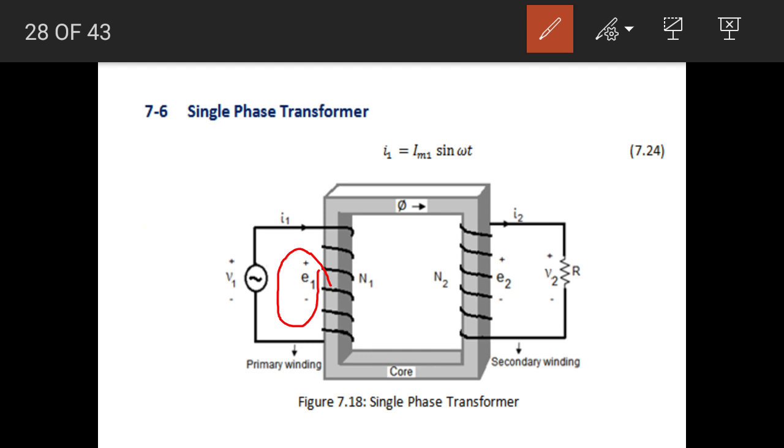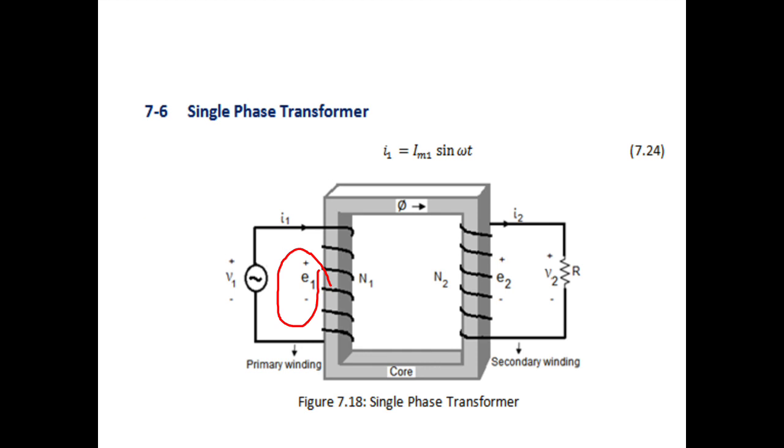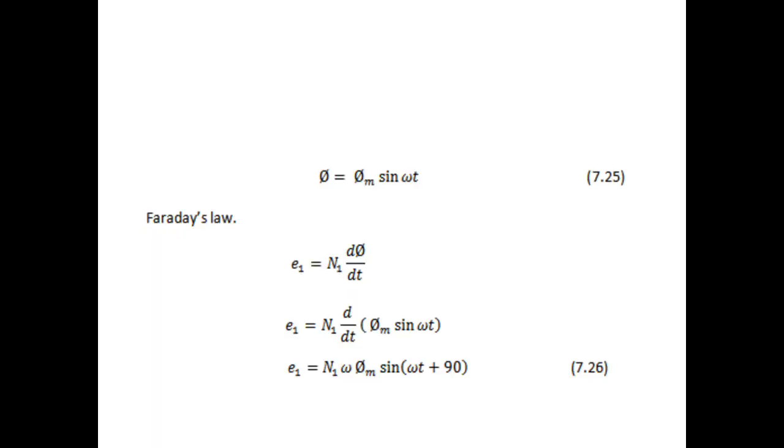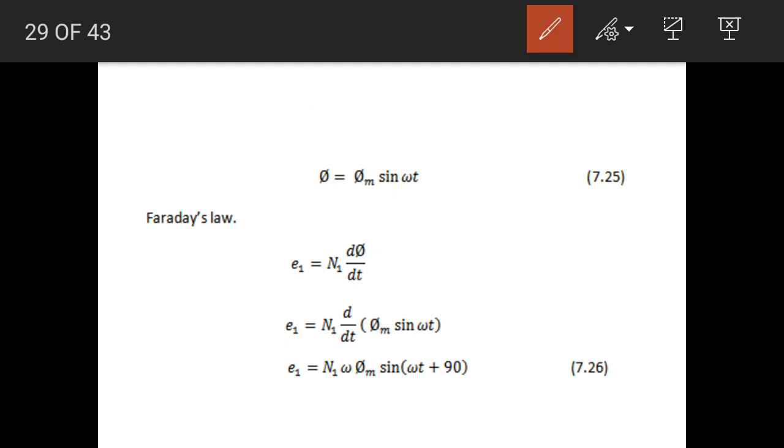So the induced voltage is represented by E1. According to Faraday's law, E1, which is the induced voltage across the primary coil or the primary winding of this transformer, will be equal to N1 d phi by dt.